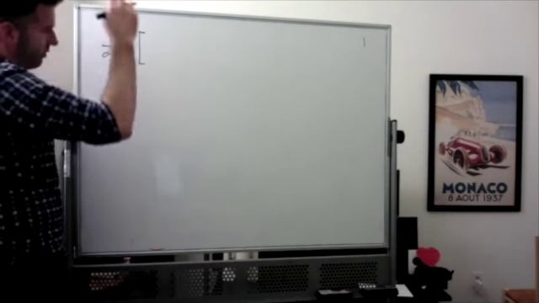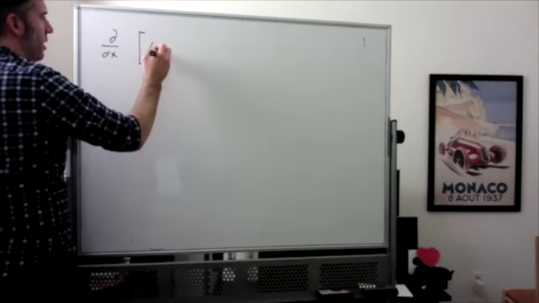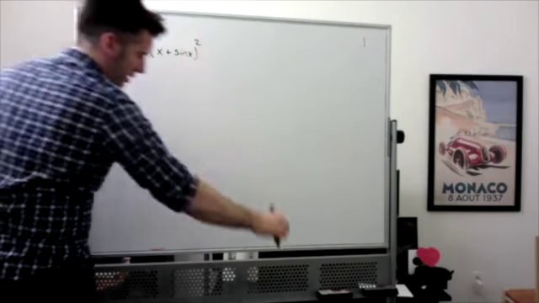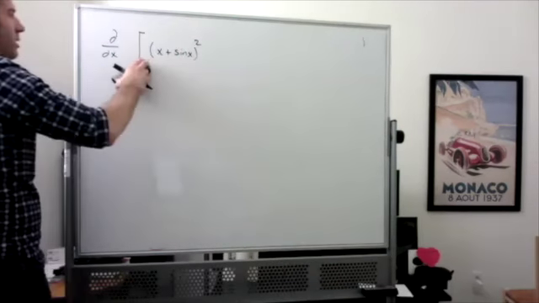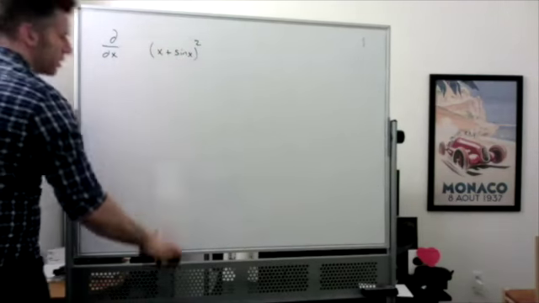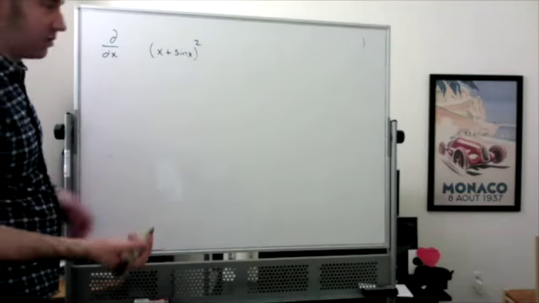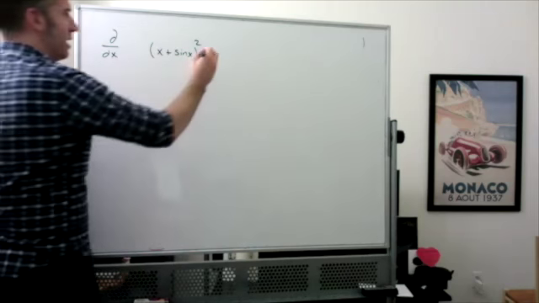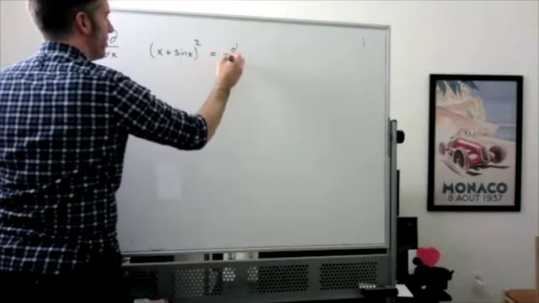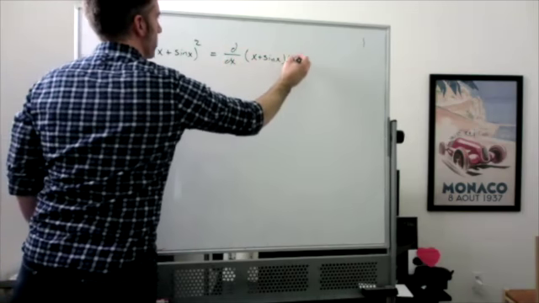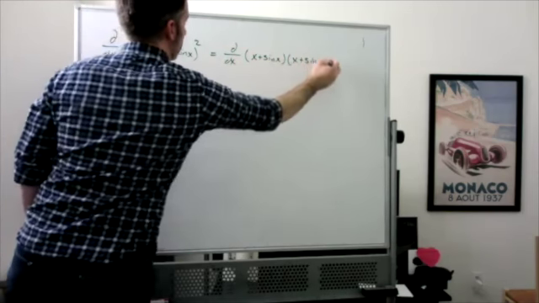If I want to find the derivative of x plus sine of x, squared, I don't really need this bracket here. I could use the chain rule, but for now I'm going to think of this as the derivative of x plus sine of x times x plus sine of x.